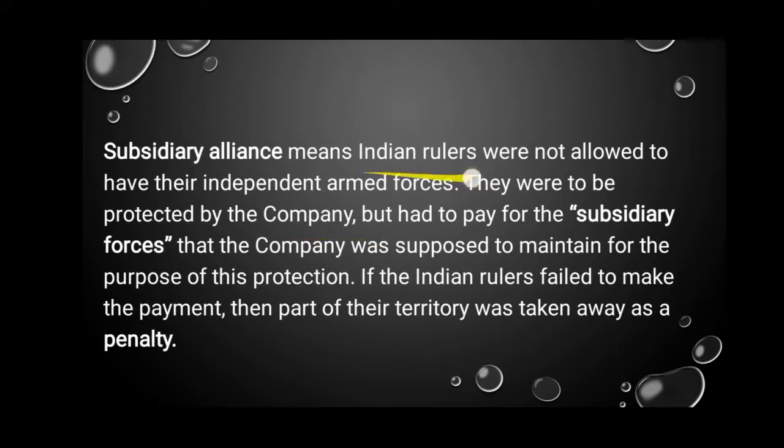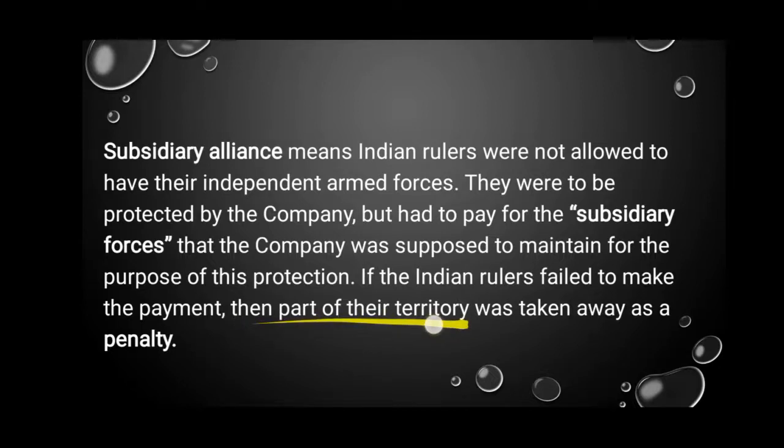But the Indian rulers have to pay the company for the protection. If sometimes they fail to pay, what will happen?